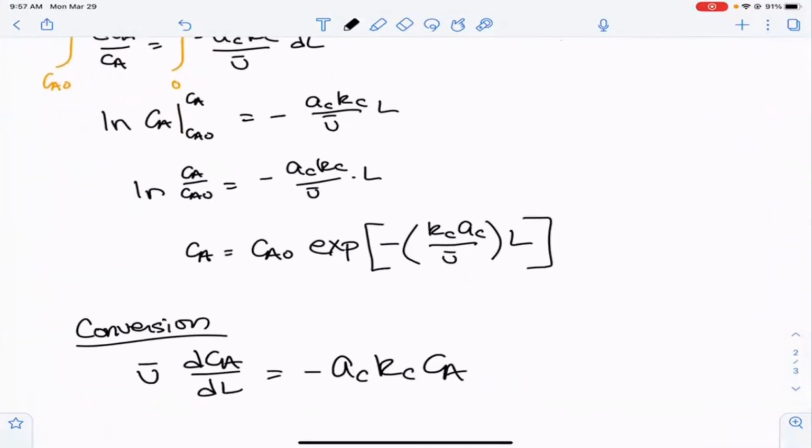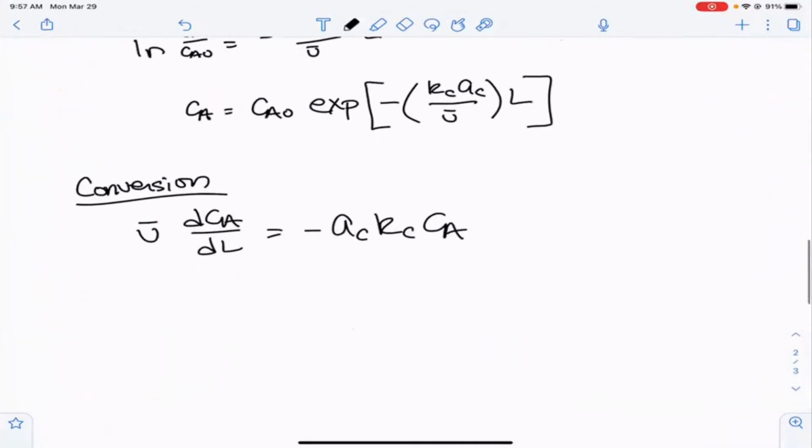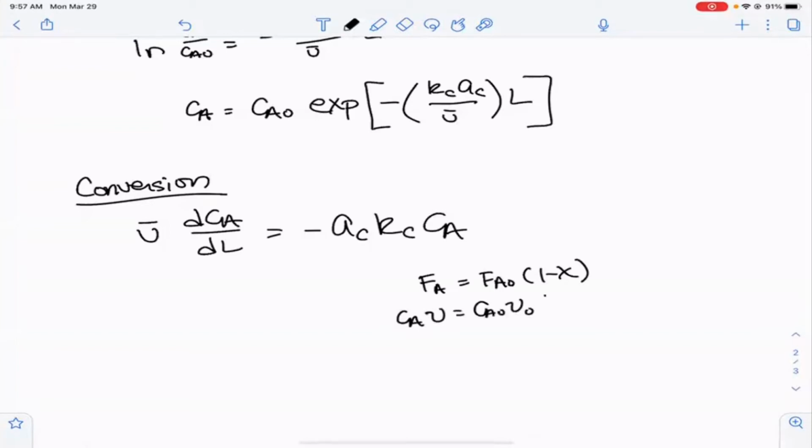And if we're going to do this, how do we introduce conversion usually? Well, we start with the flow rates, right? So FA is equal to FA0 times 1 minus X. And then, of course, this is just CA times the volumetric flow rate is CA0 times v0 times 1 minus the conversion.